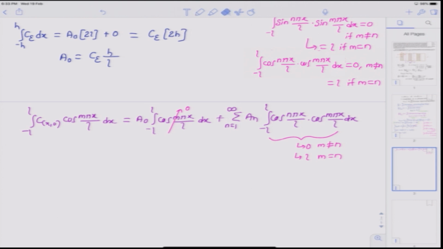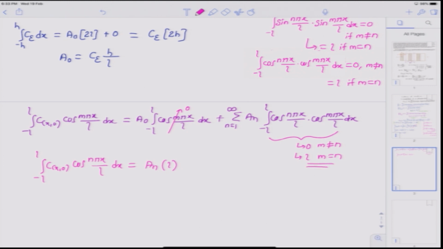So, we can write integral minus L to L C of x,0 cos of n pi x by L, because m is equal to n, so we will substitute m with n here, is equal to an times L, because the value of this integral when m is equal to n is L.